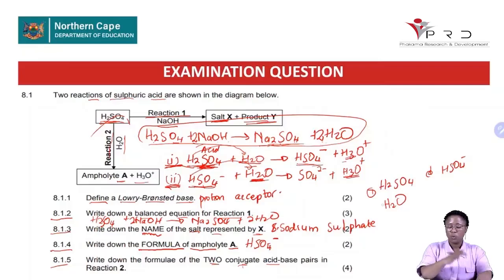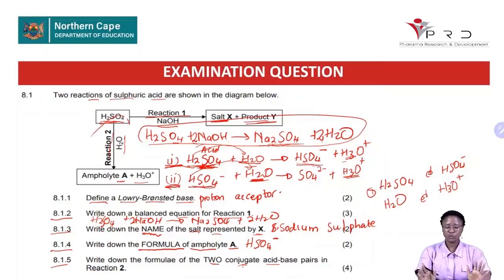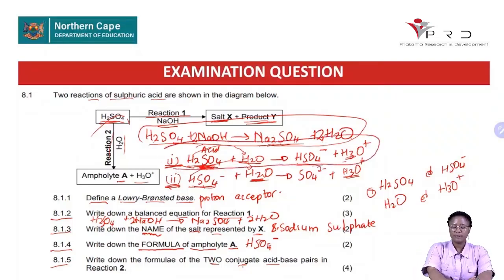The base then forms a conjugate acid, which is H3O plus. These are the two conjugate acid-base pairs in reaction 2 that you need to know, because that is the reaction we are looking at. I hope you also got it correct.